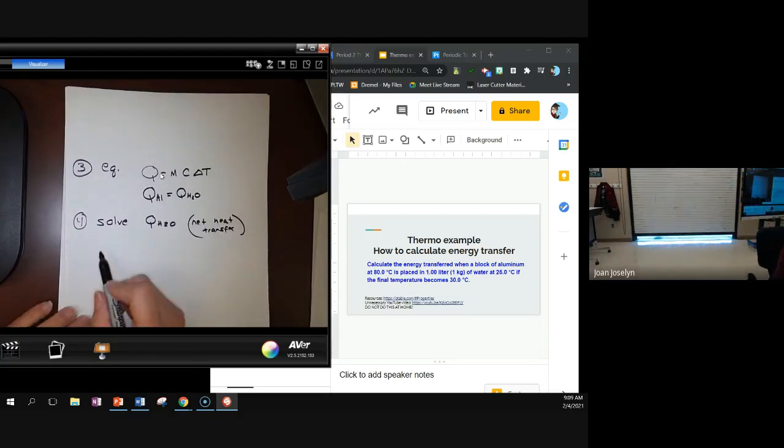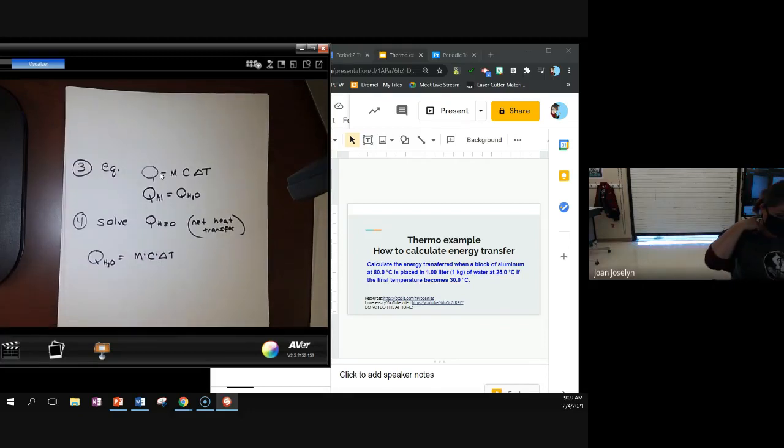So we can say the formula, the Q of water, H2O, is equal to the mass times the specific heat times the change in temp. The little dots are multiplication. And that is simply the equation we used yesterday. Q equals MC delta T.